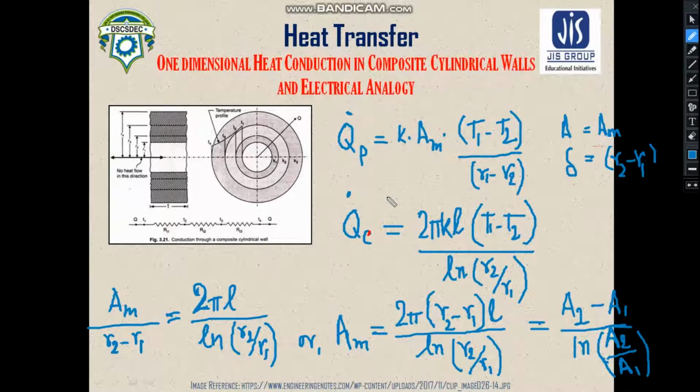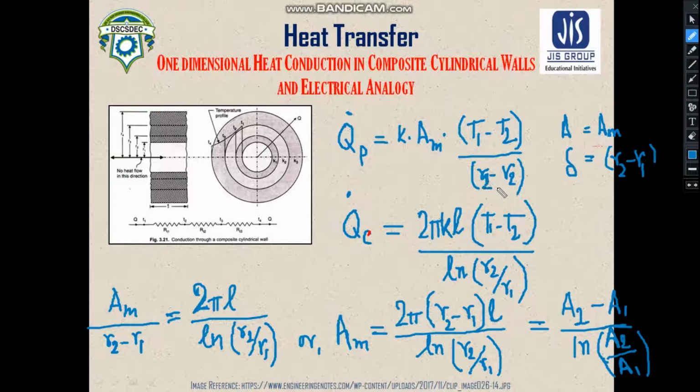Sometimes you will find that the heat transfer rate through the cylindrical walls can also be expressed in the format of heat transfer through the plane walls, and in that case we have to take a mean area of AM and the thickness as R2 minus R1.